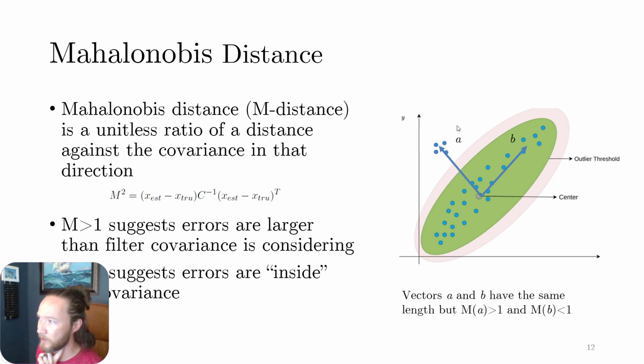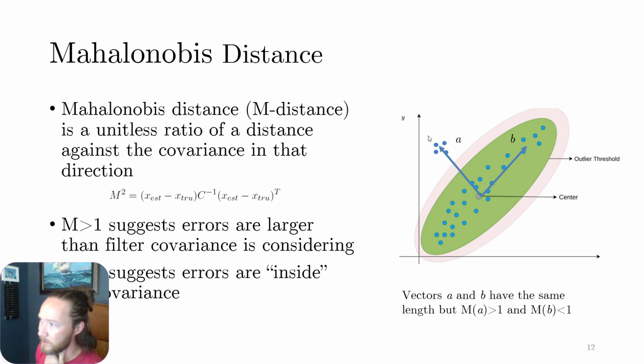So as an example here, we have a set of solutions that create a covariance by their population. And so we have 2 error vectors, A and B, that point at 2 groups of solutions. While A and B's magnitude is the same in space, the Mahalanobis number of these solutions would be greater than 1, as they are outside this covariance, and these would be less than 1.